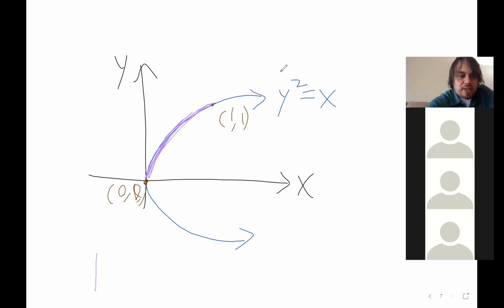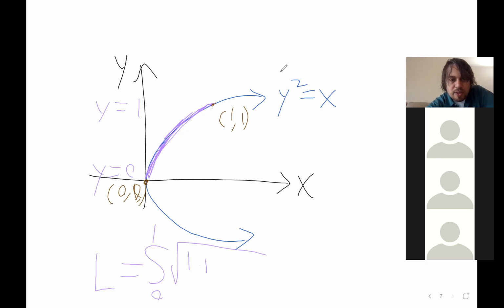So the arc length formula says that the length of that arc is equal to the definite integral from 0 to 1, because the y values range from y equals 0 to y equals 1, right? So it's from y equals 0 to y equals 1 of the square root of 1 plus the derivative of y squared dy. Okay, so when we calculate that, we find the length of that arc.